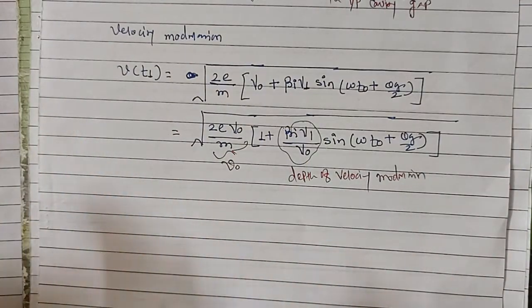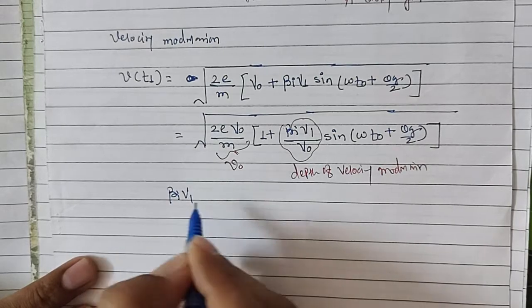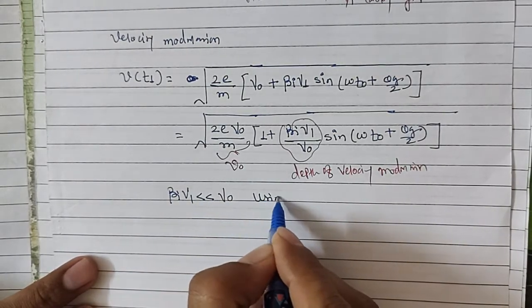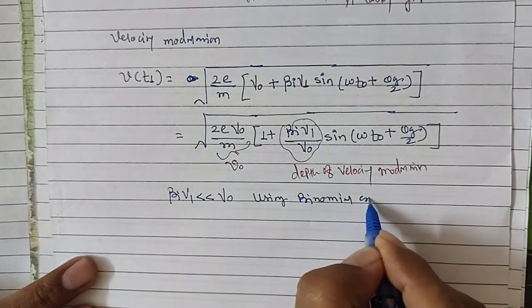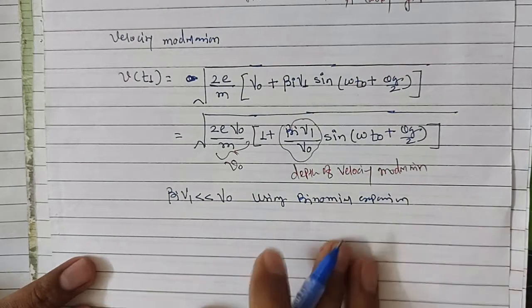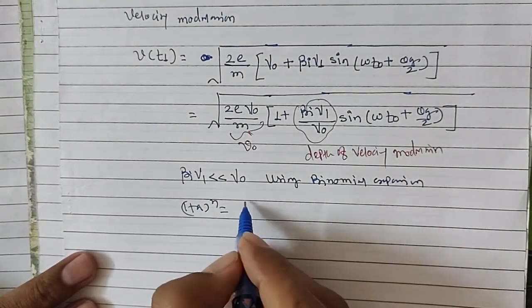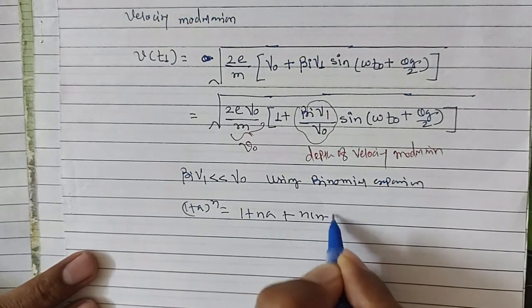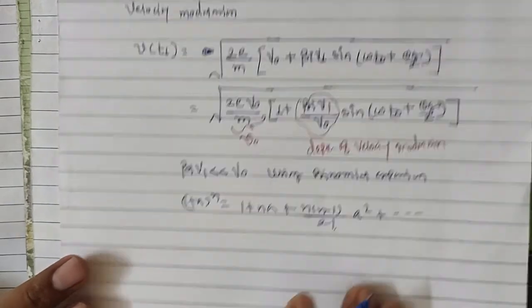So quickly we'll write the final form of this expression using binomial expansion, assuming beta I V1 is a very small quantity with respect to V0. The binomial expansion is 1 plus a raised to n is equal to 1 plus na plus n into n minus 1 upon 2 factorial a square plus so on.